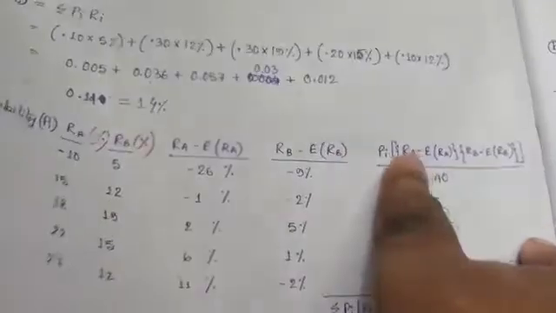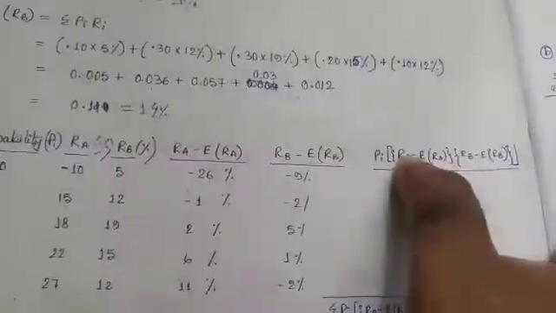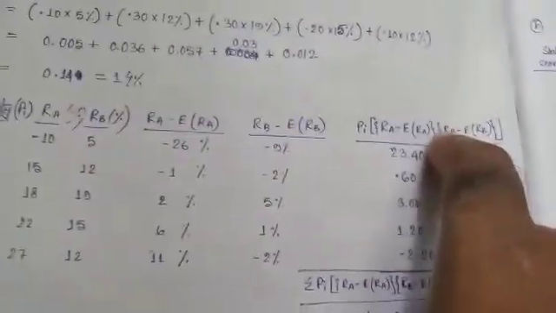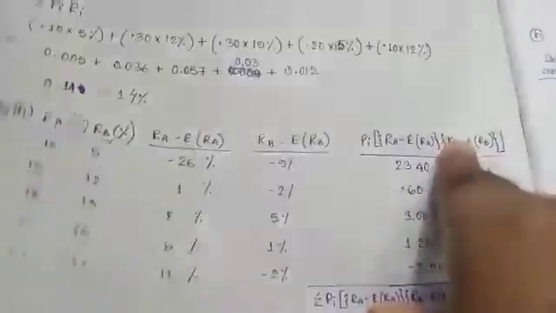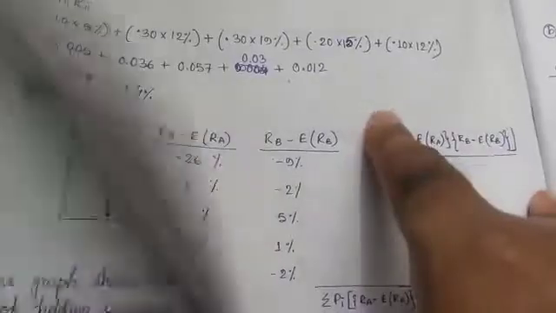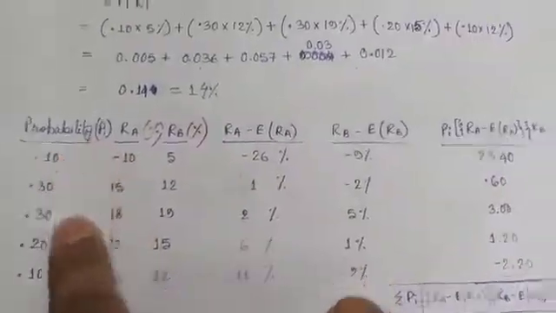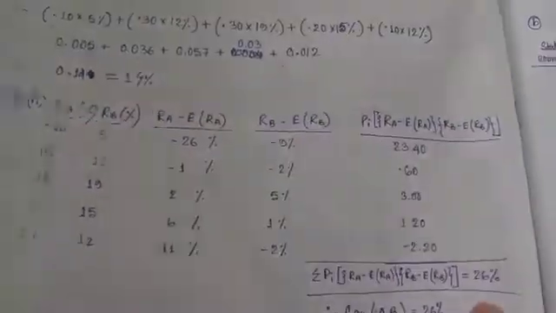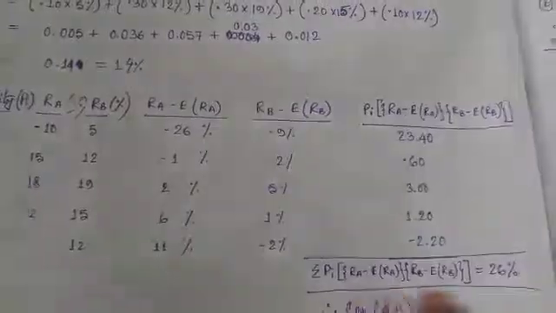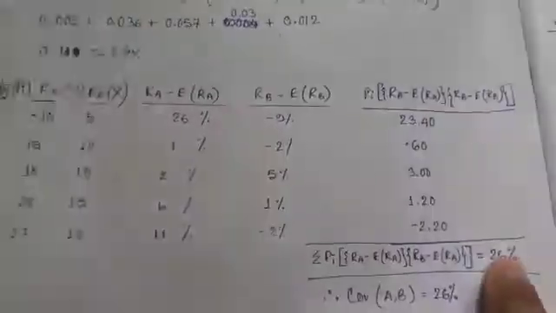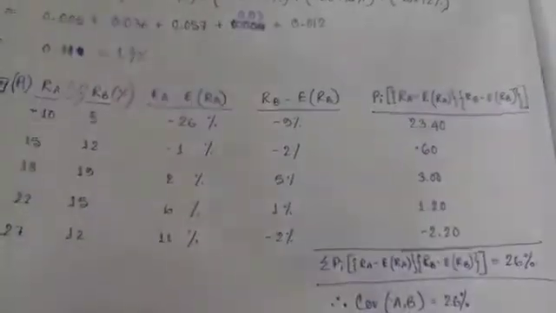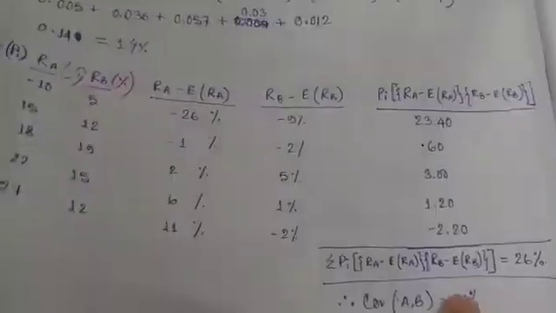That means here it is the mean deviation of security A, it is the mean deviation of security B, and if we multiply these two, we will get joint deviation. Then for determination of the average result, we have to multiply this joint deviation with the probability factor, and the result comes to 26%. So in average, the joint deviation comes to 26%, and it is called the covariance of security A and B. It comes to 26%.